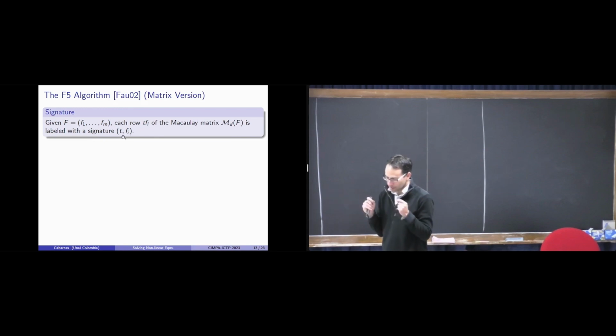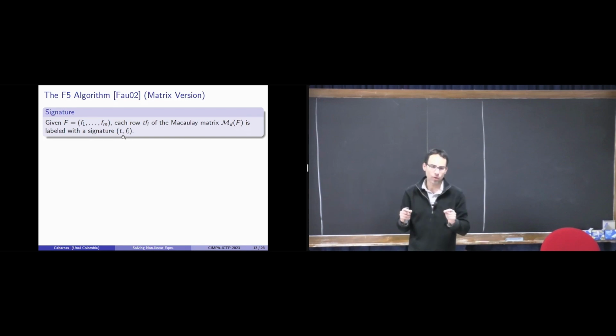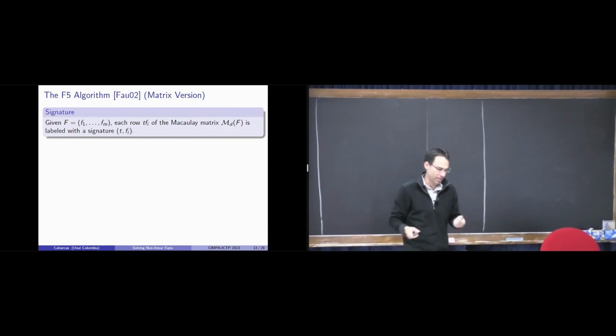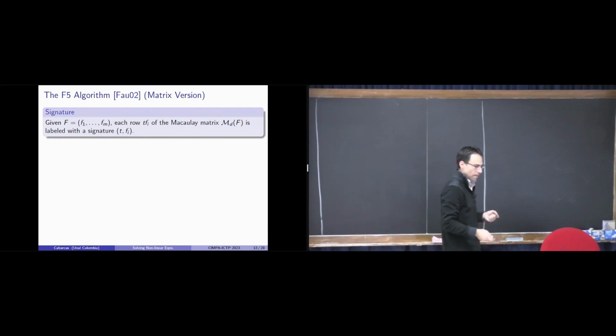So we are defining a signature for each row. The signature gives us the monomial T we're multiplied by, and the position corresponding to the original polynomials, right?